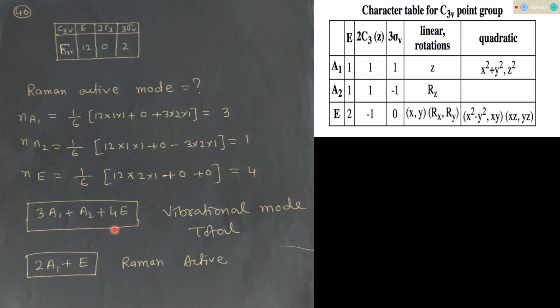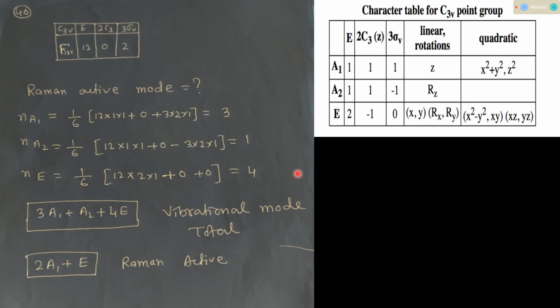But not all of the total vibrational modes are IR active or Raman active. So from 3A1 only 2A1, and from 4E only 1E is Raman active.